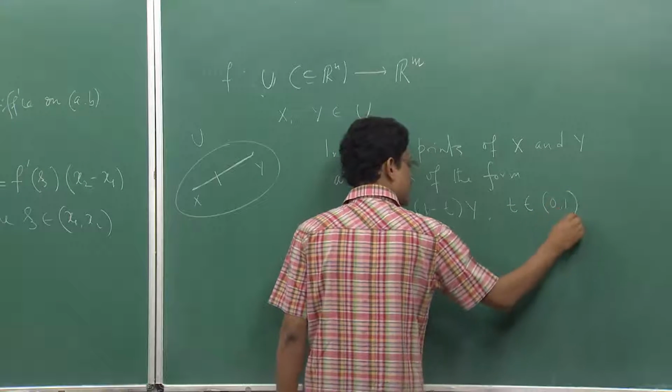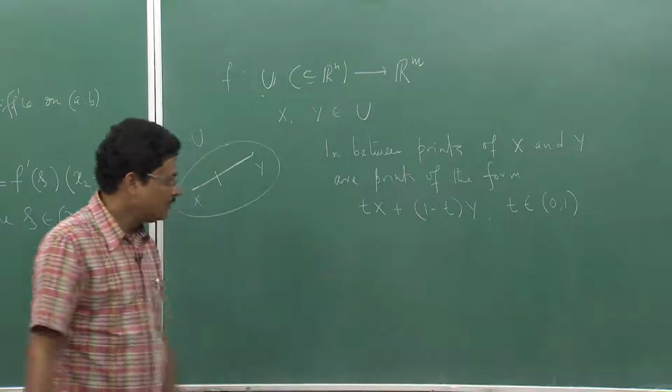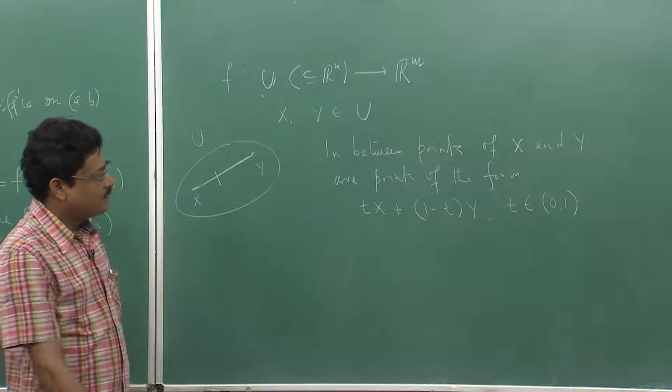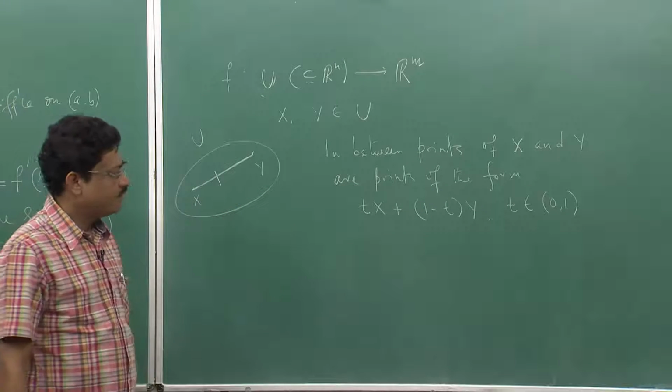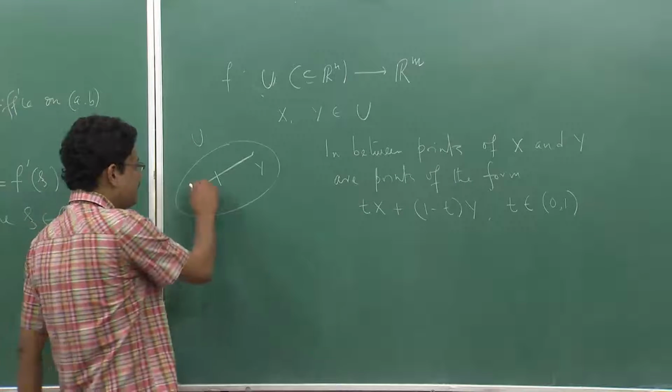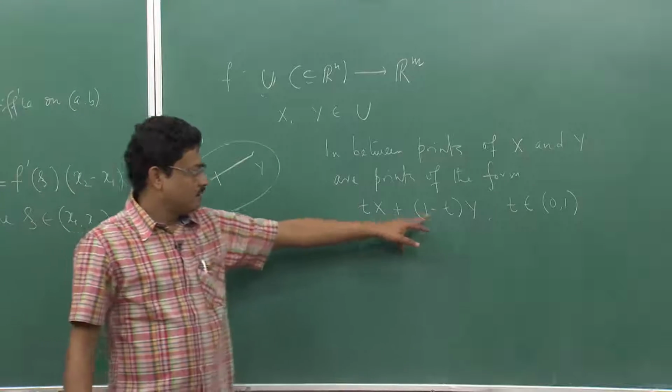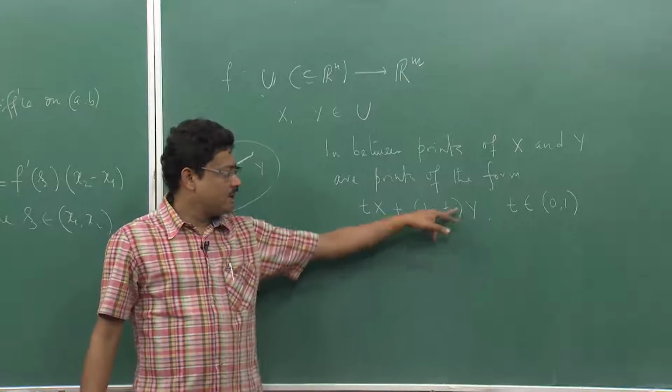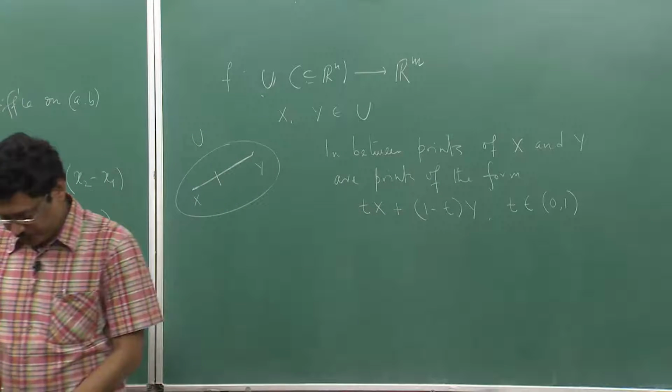You see, if you start at 0, you are at y, and you end up at 1, you are at x, and in between points, all these points can be expressed by t x plus 1 minus t y for some t in 0 1. Okay.